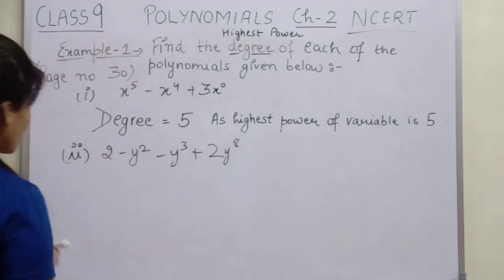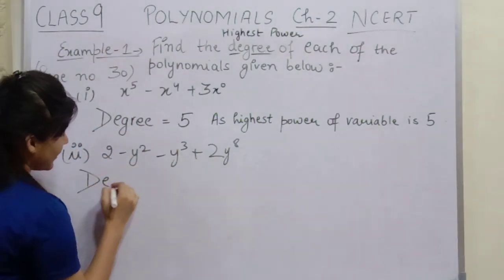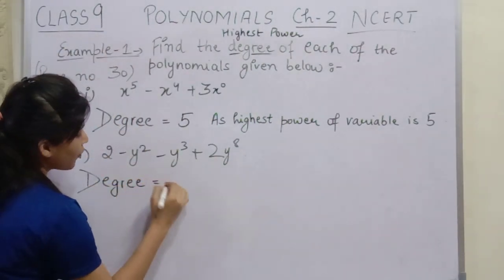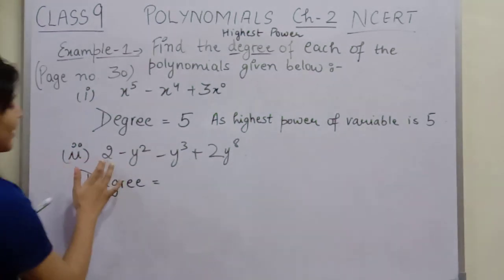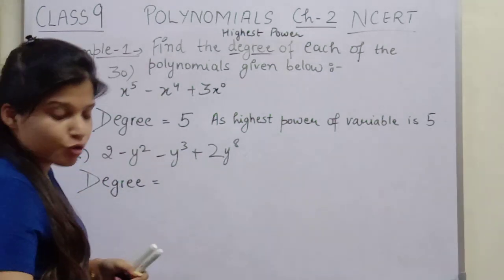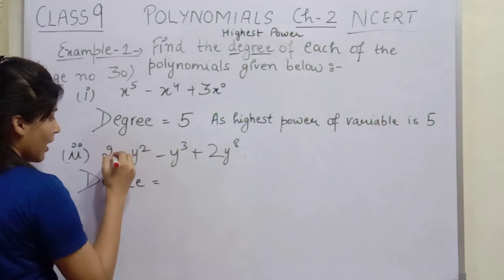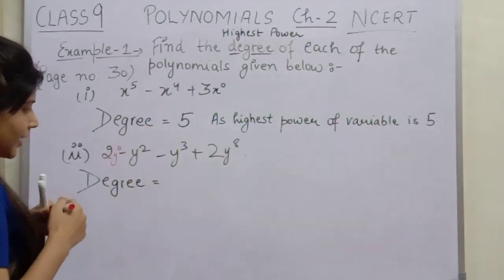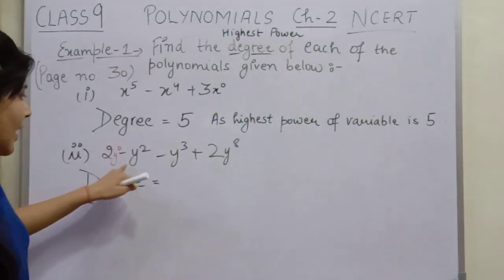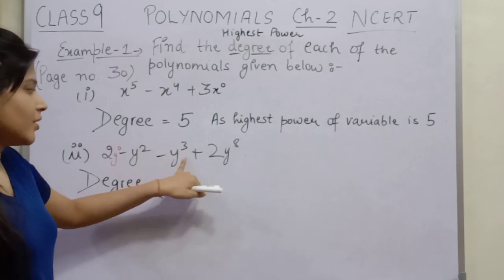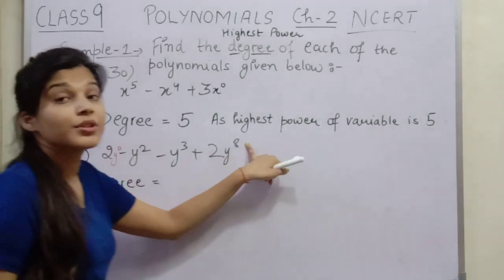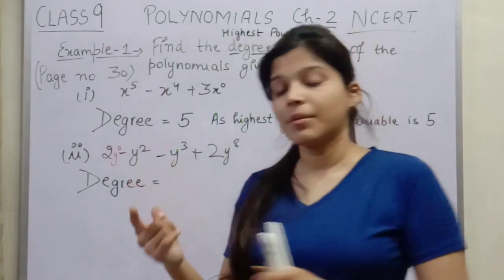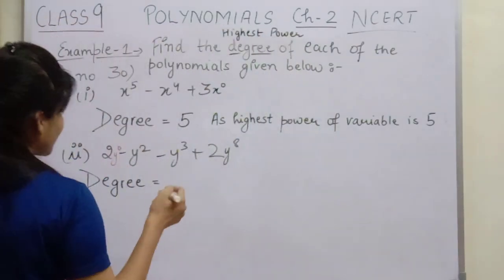Here 2 means it is 2 into y raised to the power 0, so this will not be the highest. Here is y square, this is y cube, this is y raised to the power 8. So y raised to the power 8 is the highest as I can see.